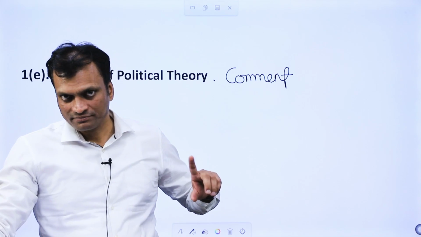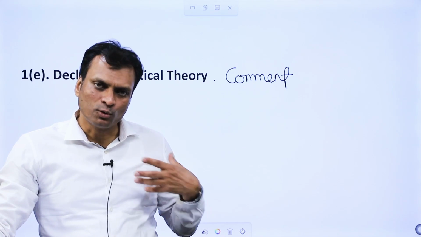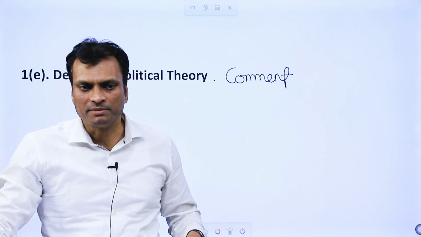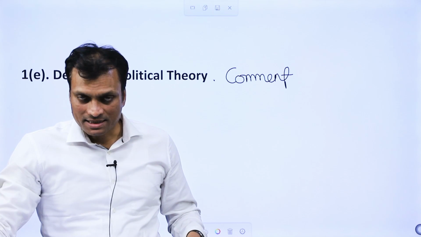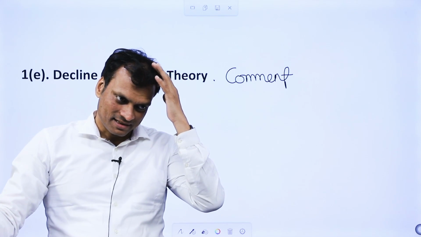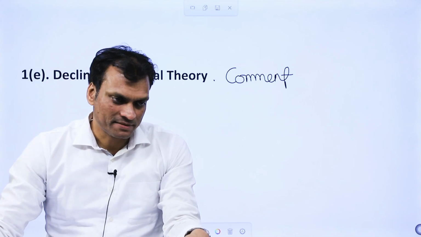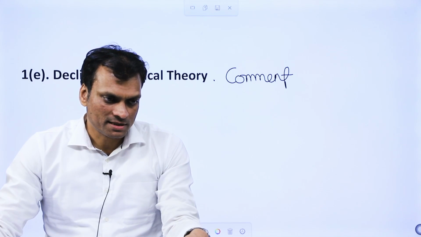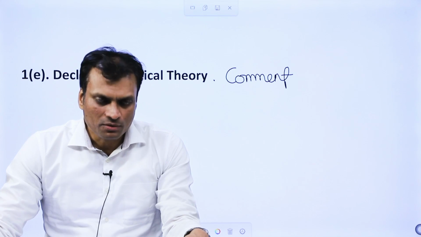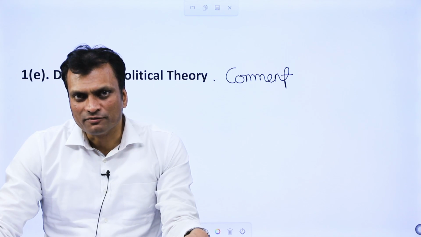It is a debate. Then in the third paragraph you will write that the supporters of decline of political theory actually believed in behavioralism, but as it is said and shown by Quentin Skinner and Sabine and many others, specifically Leo Strauss, without norms, without values, it is not possible to build any meaningful political science.